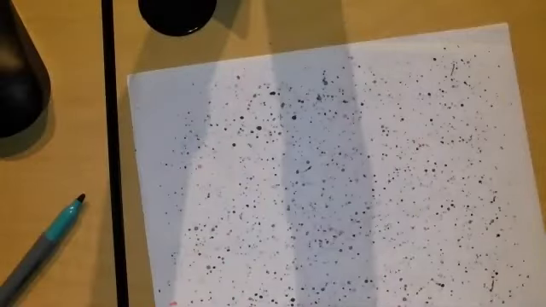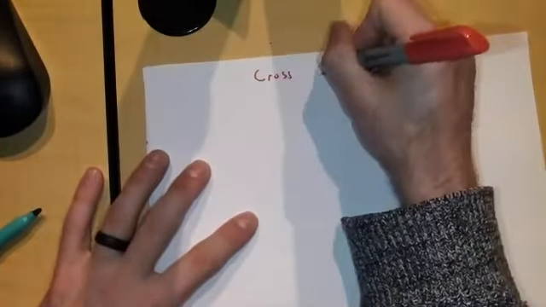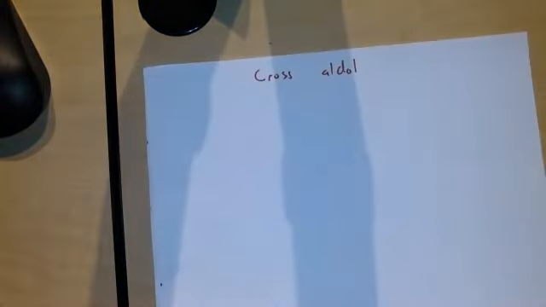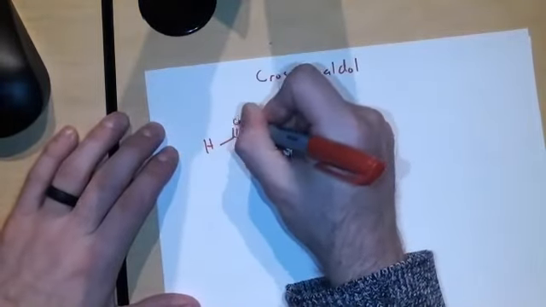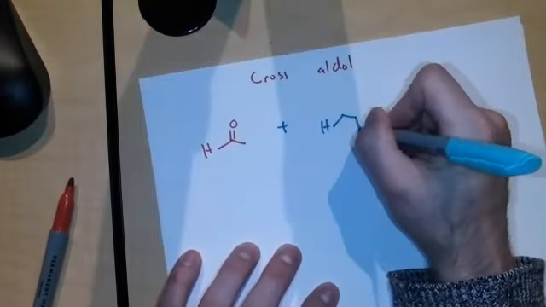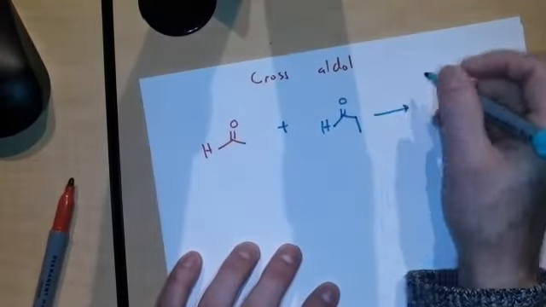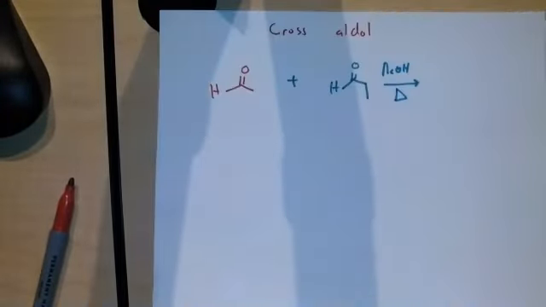All right, so let's make it a little bit more complicated and do what's called a cross aldol. If I have two different aldehydes here, I can get 4 products from this reaction.